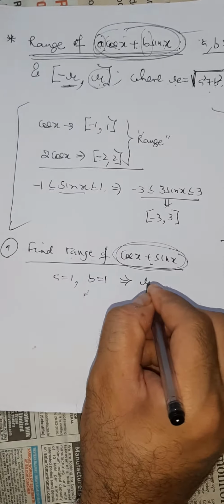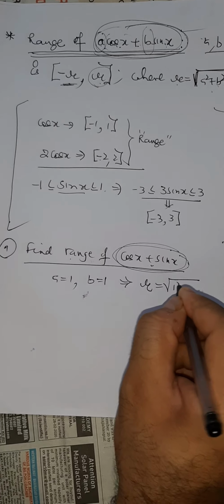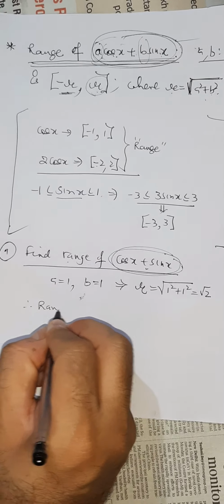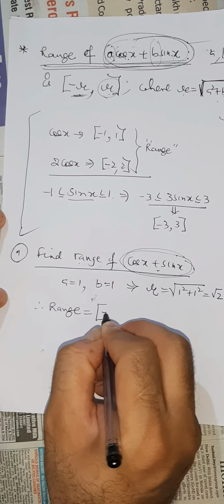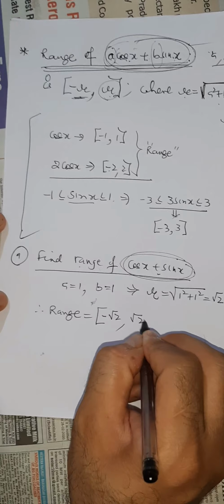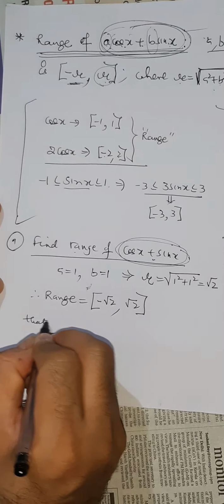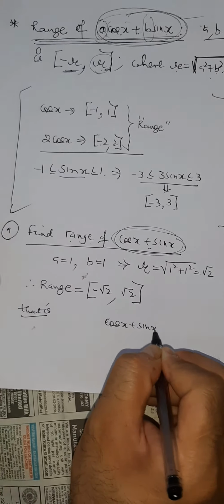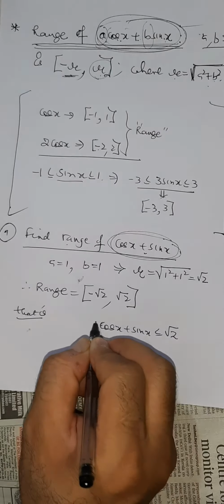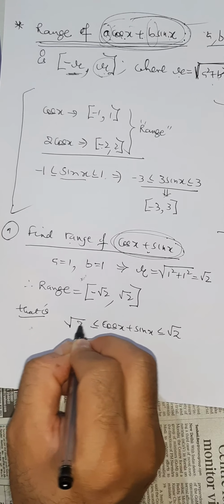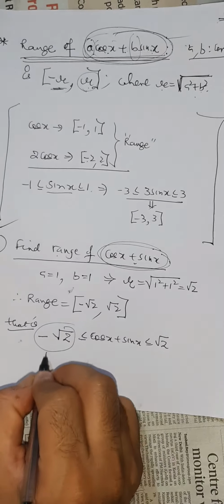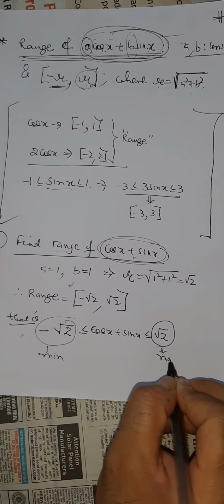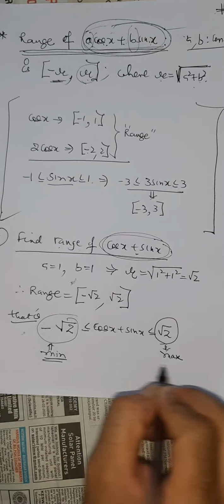So it implies r is root of a square plus b square, that is root 2. So therefore you can say that range would be minus root 2 to plus root 2. That is, for cos x plus sin x, the maximum is root 2 and minimum is minus root 2, remember, like this.